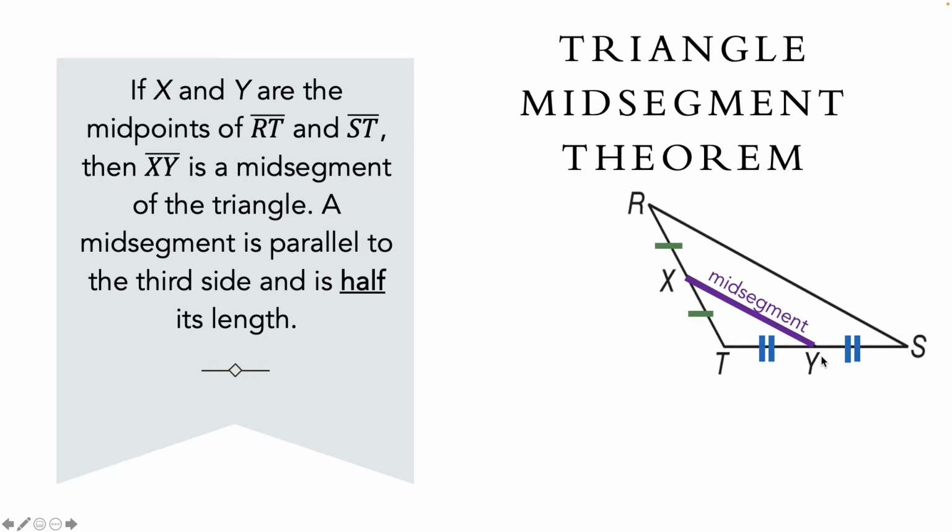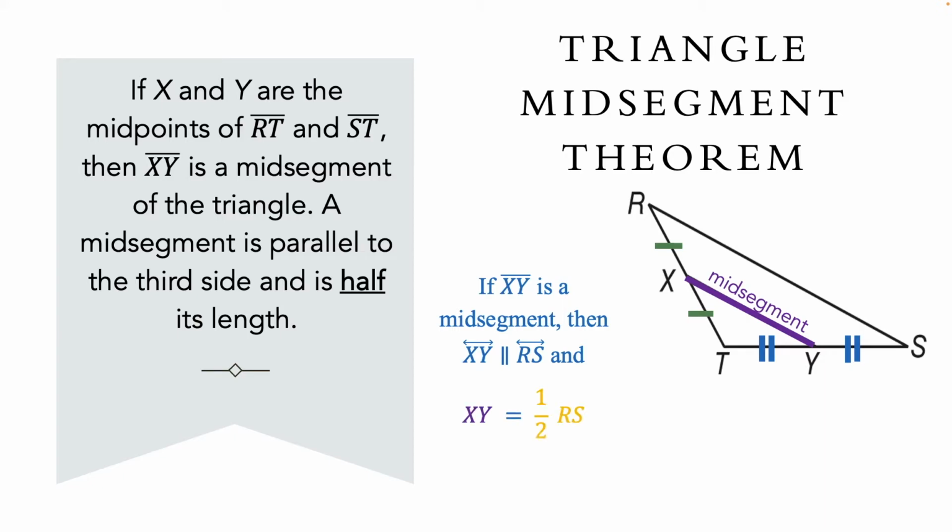Then XY is called a midsegment because it hits both sides at their midpoints. So if XY is the midsegment, then we know that XY is parallel to RS. And this is the fun part: XY is 1/2 of RS. Or you could say that 2 XYs give you 1 RS.